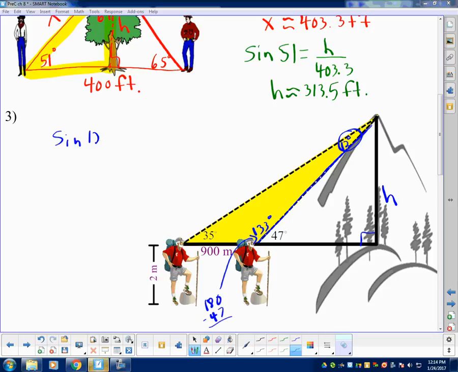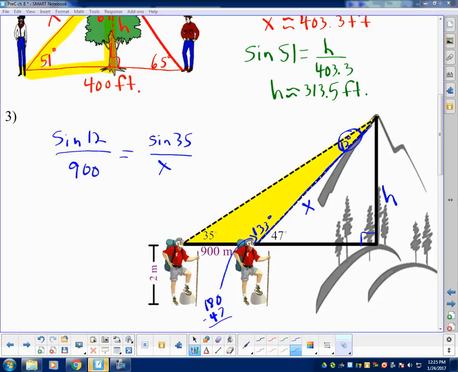over 900 equals sine of 35 over, let's call this x. And x is going to become the hypotenuse of the right triangle. So it's a 2-stage process. Use law of sines to find the length that we're going to need when we go and use our right triangle trig.